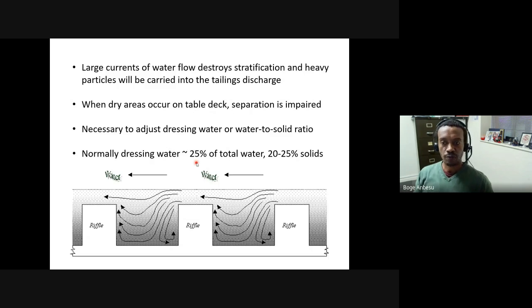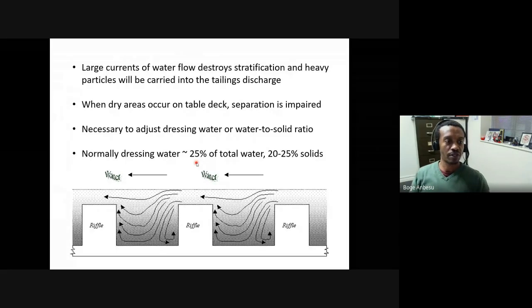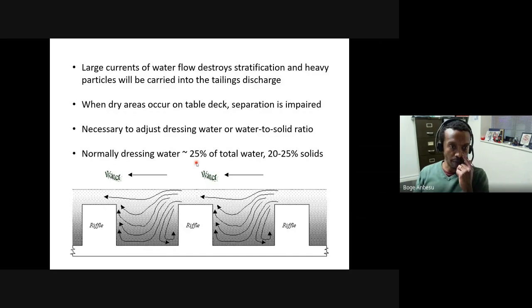So if water flows on the table through the riffles, that actually helps with stratification. For example, it will help remove the light particles from the riffle and transport them into the discharge end. But if you don't have water on the table, or if some spots on the table are dry, no stratification happens, and light particles are not washed out from the riffles.